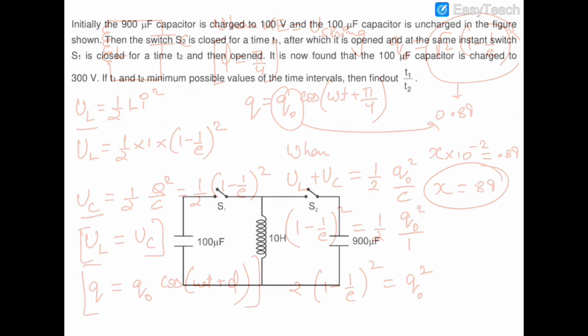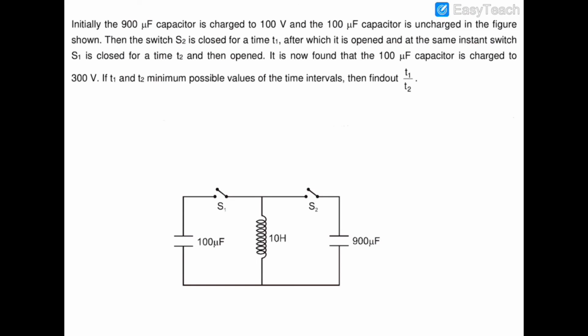Thank you. In this question, it is given that initially this 900 microfarad capacitor was charged to 100 volts, and this 100 microfarad capacitor was uncharged. Now this switch S2 is closed for time t1, and after time t1 this switch is opened and immediately this switch S1 is closed.